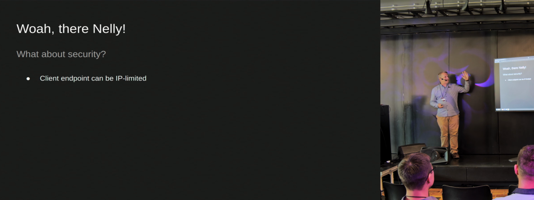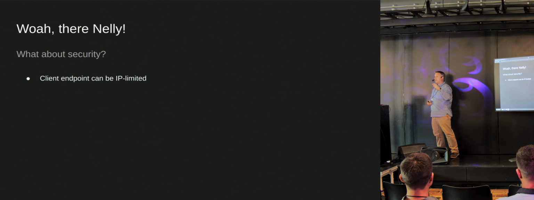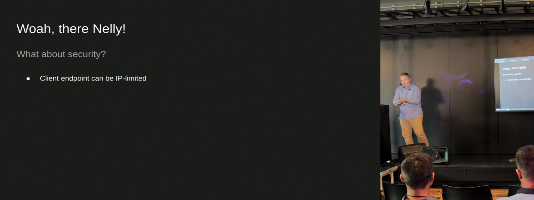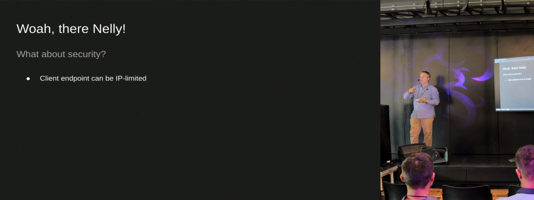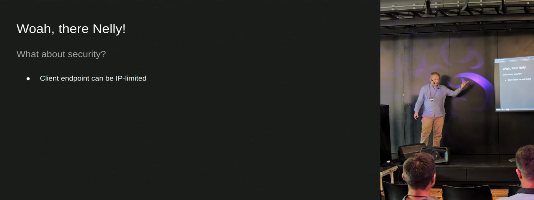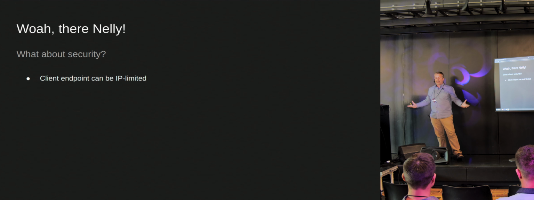So the first thing, the client endpoint: when you create this endpoint, it's got IP limiting on it. So you can say, only allow requests to this endpoint from this IP, or this IP range. Now, the way our hosting is configured is that all of our web instances are connected in a private network. They're in a VPC.